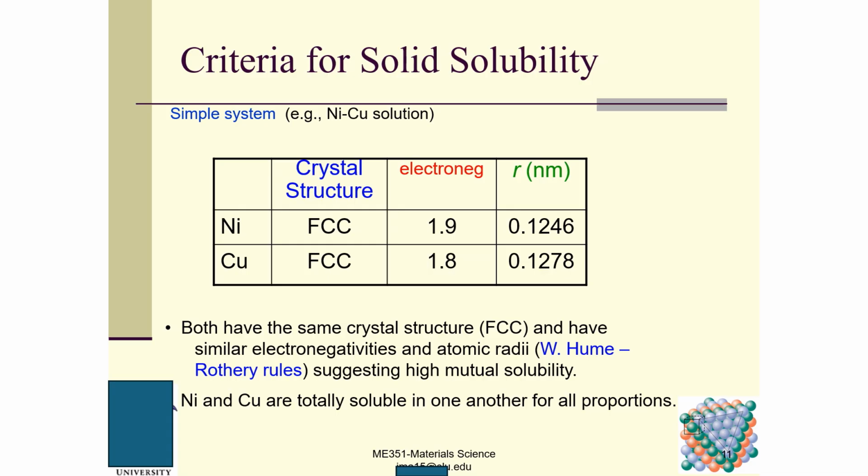Okay? So nickel and copper are totally soluble in one another for all proportions from 0 to 100%.